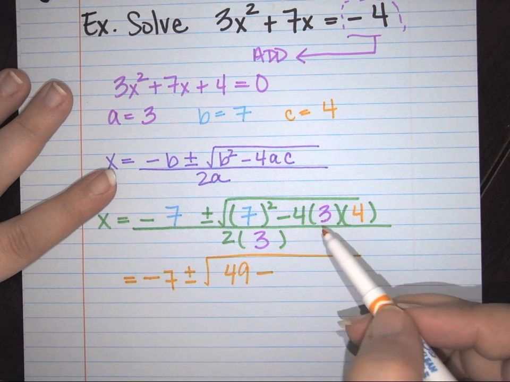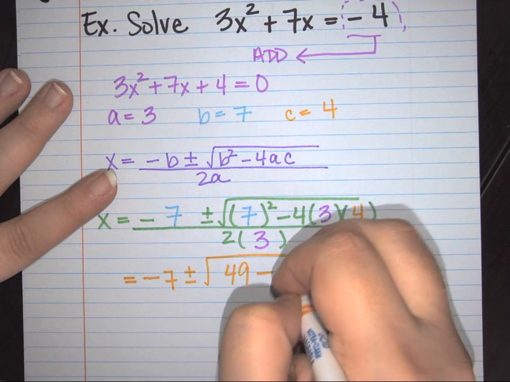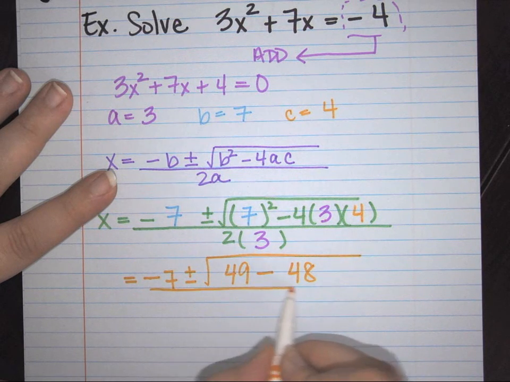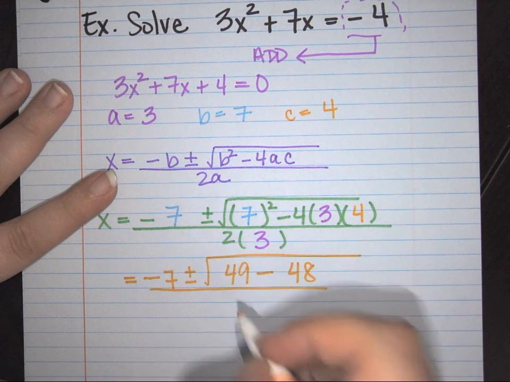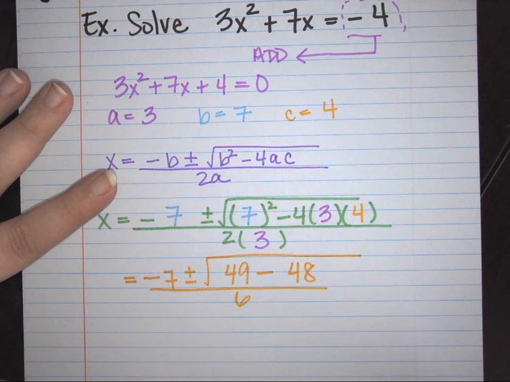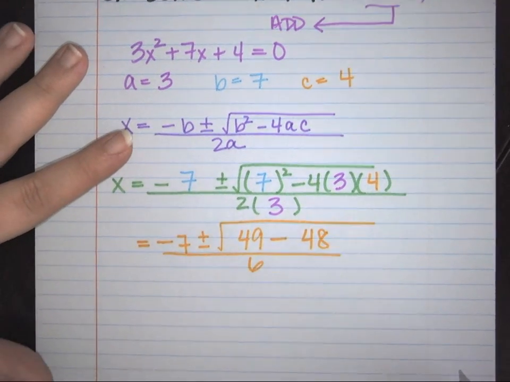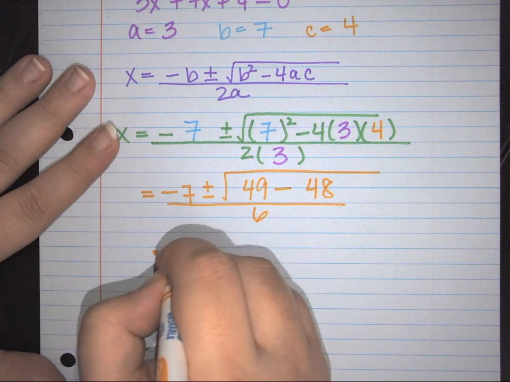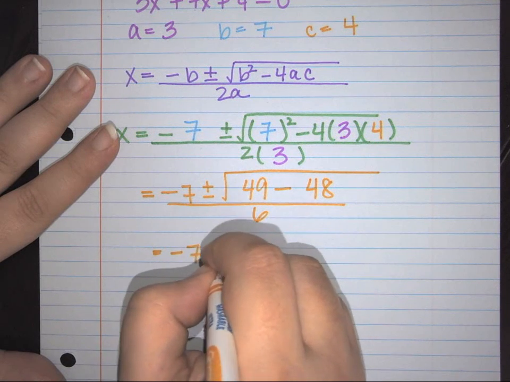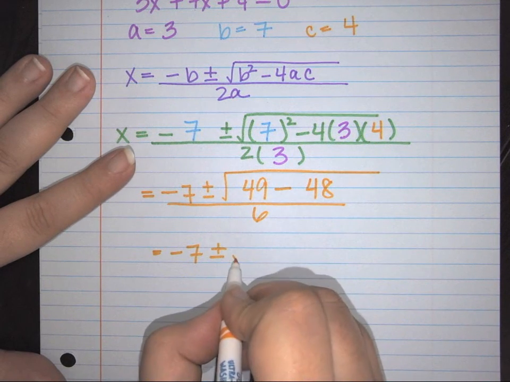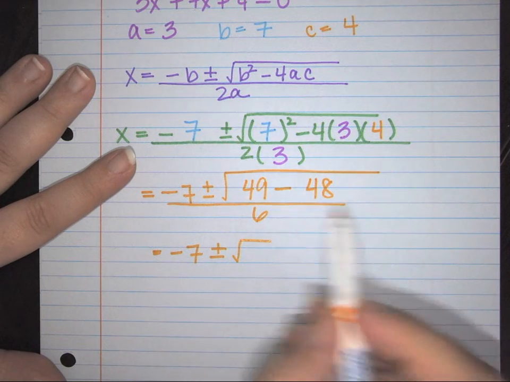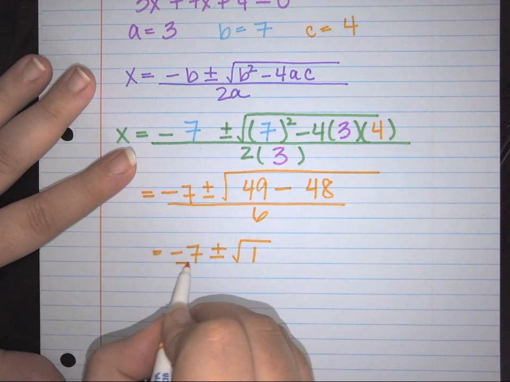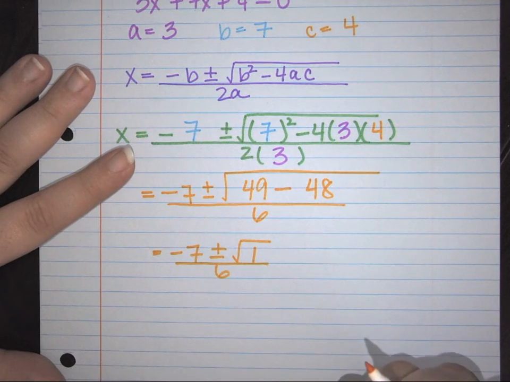So 4 times 4 is 16 times 3 gives you a 48. And this whole thing is over 2 times 3, which is 6. So I need to reduce again. So here I'm going to have a negative 7 plus or minus the square root of 49 minus 48, which is 1, and this whole thing is over 6.